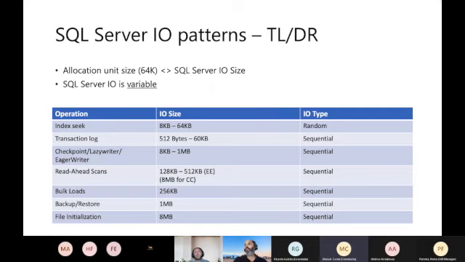So the operation will be sequential with a size of 64 kilobytes in this case. You can see a lot of operations done sequentially with varying size from 8 kilobytes to 1 megabyte or more, 8 megabytes for column store.